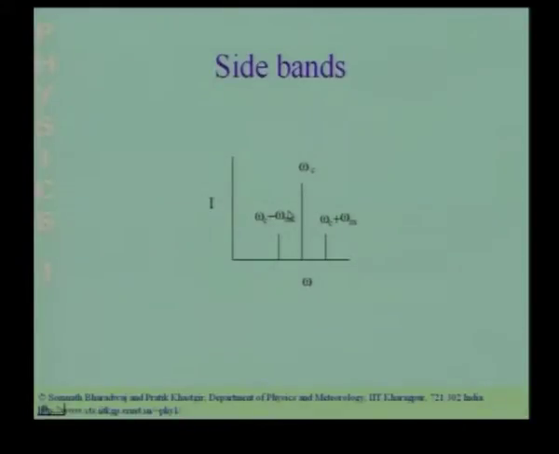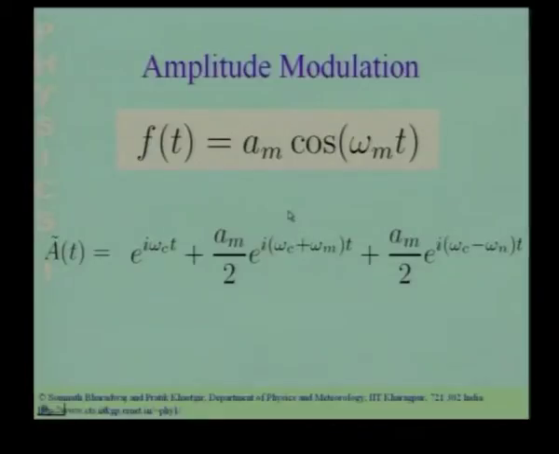So, what we have seen over here is something very important. What we have done is that we have modulated the amplitude of the carrier wave, and the modulation itself is a pure sinusoidal of a fixed frequency, the modulation frequency. And we see that as a consequence of this modulation, we introduce two new frequencies.